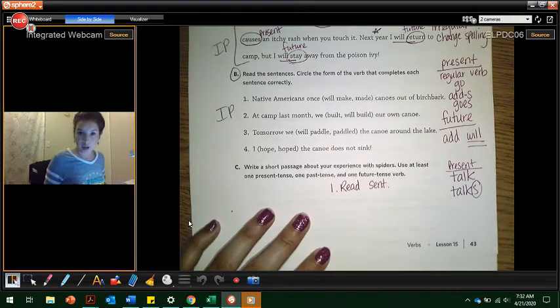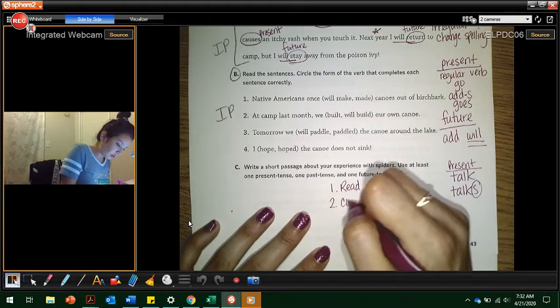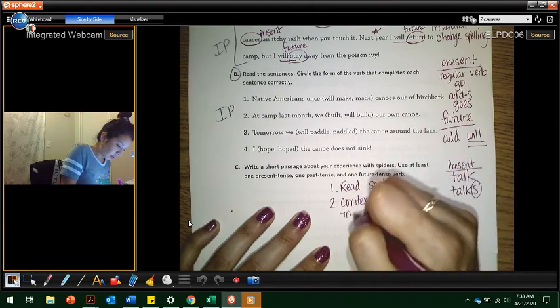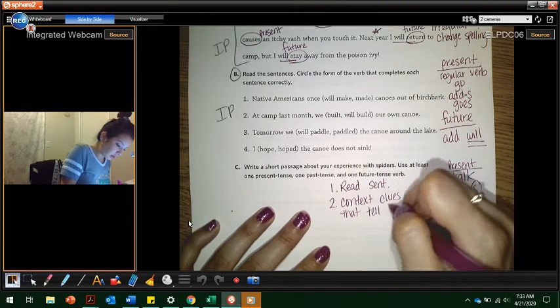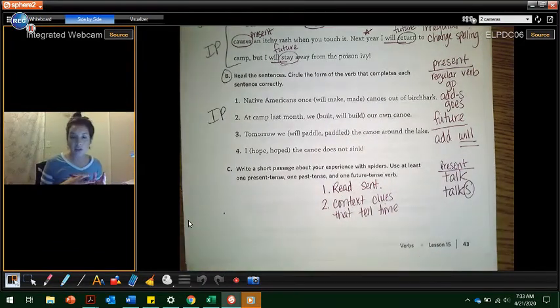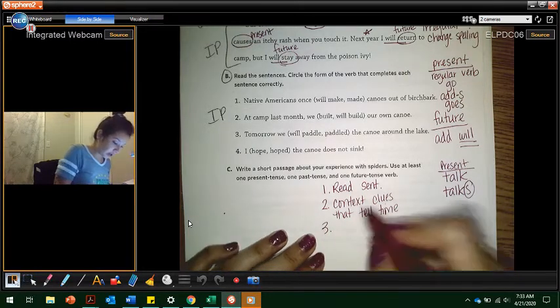Then I want you to think about the context clues that tell time. Do I have some words in there? Is my previous sentence telling me already what the time is? Because it's telling a story that happened in the past. So look around. Your context clues might not only be in the sentence, but they might be somewhere in the story.